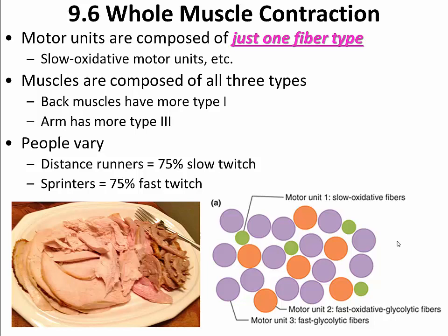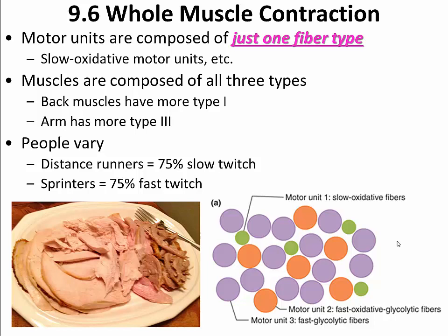It's also interesting to note that the type of fibers that a person possesses vary greatly from person to person. So if we look at the quadriceps of really great distance runners, and so these are not people that can run 3 miles, but these are people that do super well in marathons.